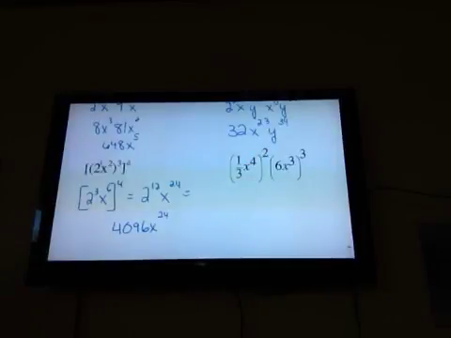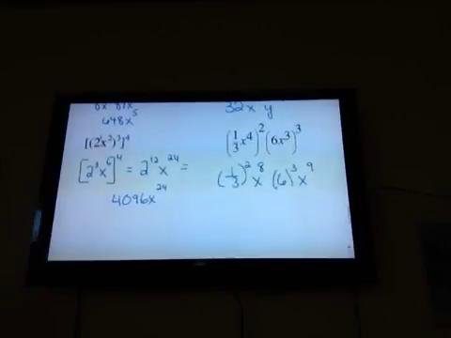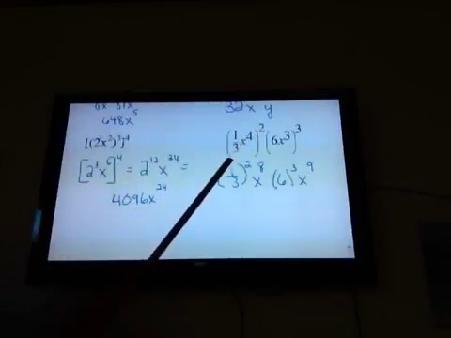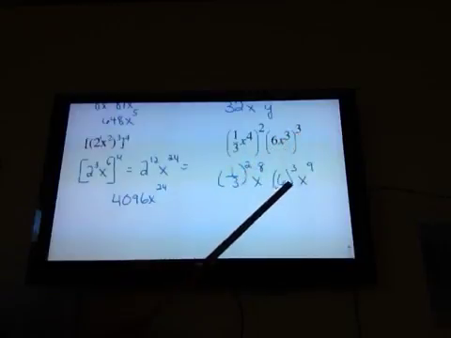So this is going to be 1/3 to the 2nd, x to the 8th, and then 6 to the 3rd, x to the 9th. So that power, 1/3 squared, and if you made that 1/9 right away, that's great. 6 to the 3rd, and if you made that 216 right away, that's fine.